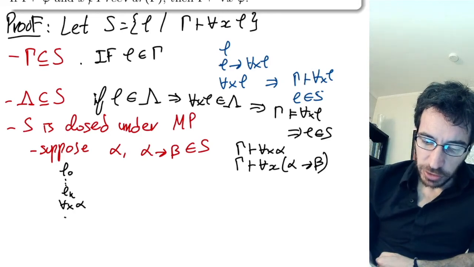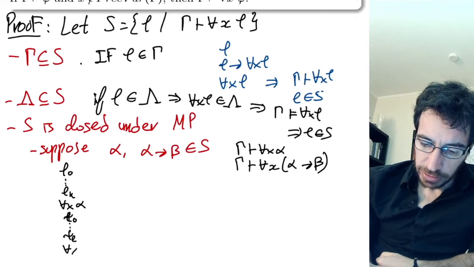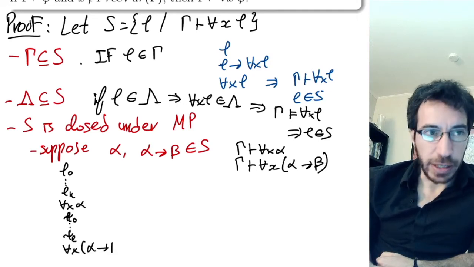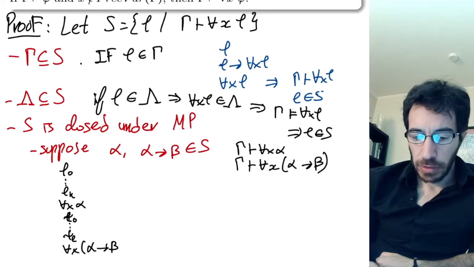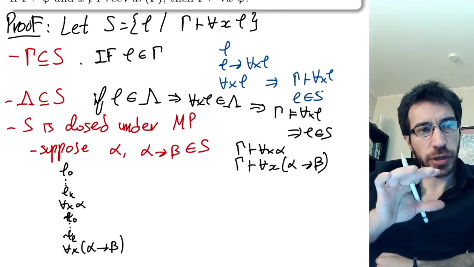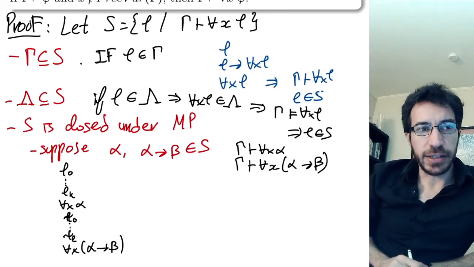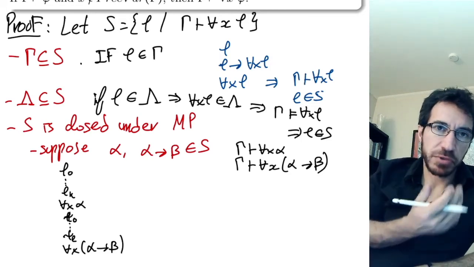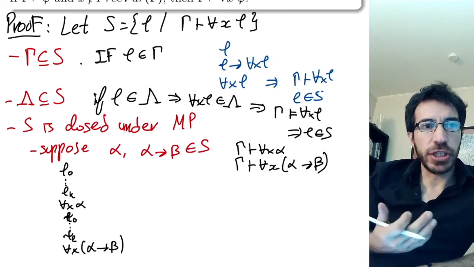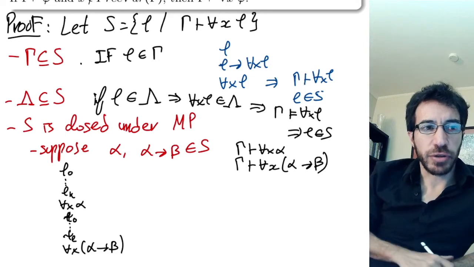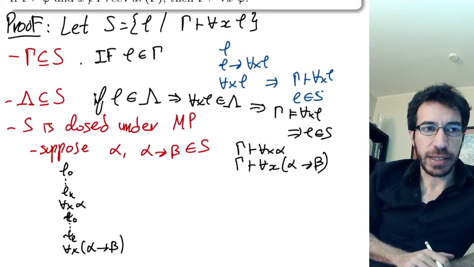And then we have a deduction psi 0 to psi L, that ends in for every x alpha implies beta. And we want to continue, so these are the two deductions that we have. We can put them one after the other, and this is still a valid deduction because the rules still apply. And now we want to continue to end up with a deduction of for every x beta. So how do we continue this one?